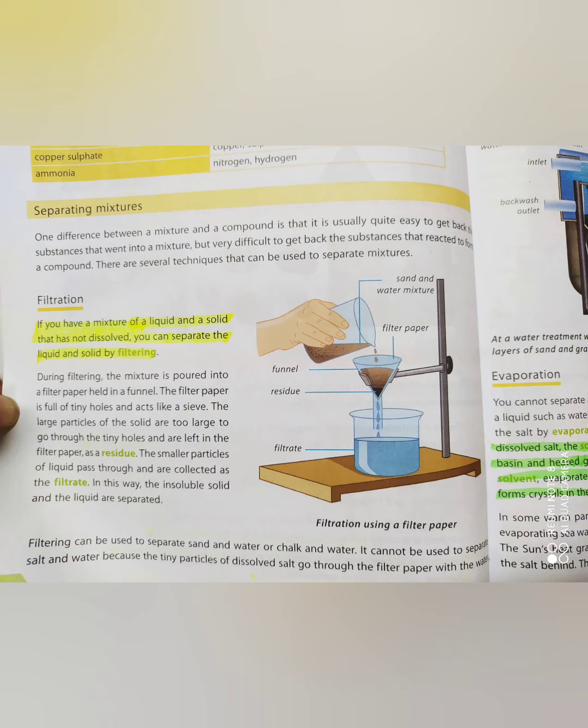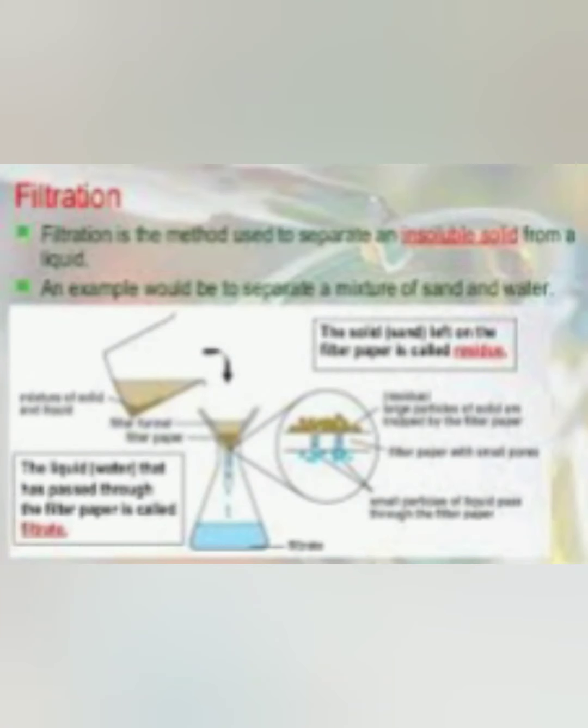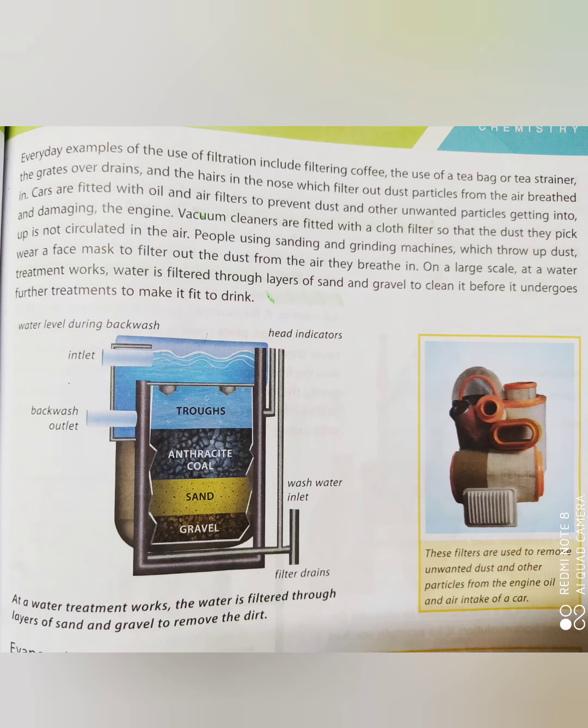The insoluble thing can be removed by filter paper or by some layers of gravel, anthracite and sand. These types of techniques are used in filtration plants and in the water filter reservoirs of the water supply of any country, any city, or even in a car, or even at your home, from where you are collecting water for your usage.